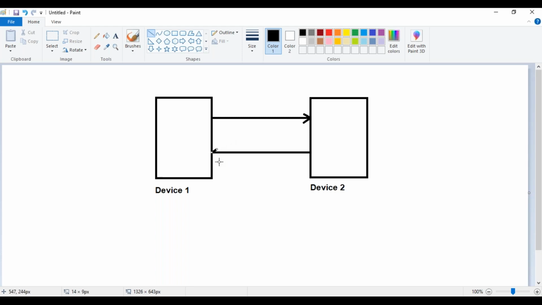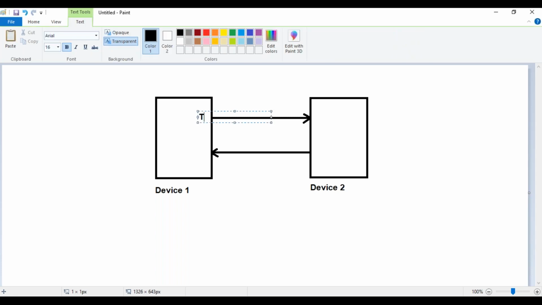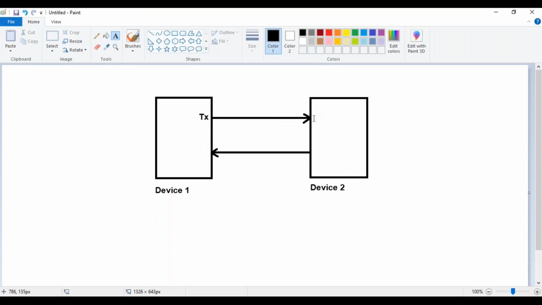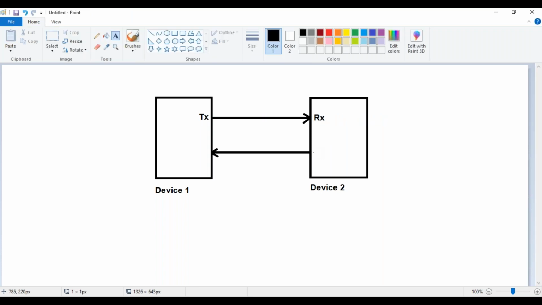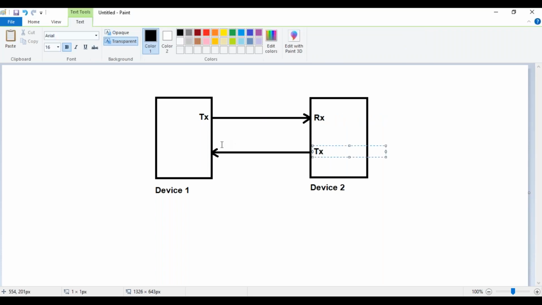So this is the transmitter of the first device, TX, and this is the receiver in device 2. Okay, receiver. And if this is the transmitter of device 2, this will be the receiver of device 1. Okay.